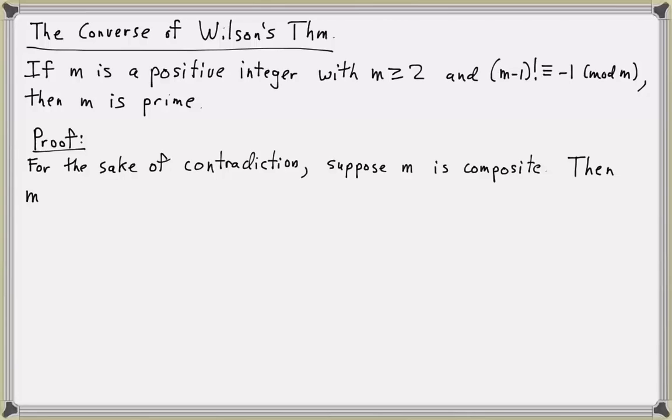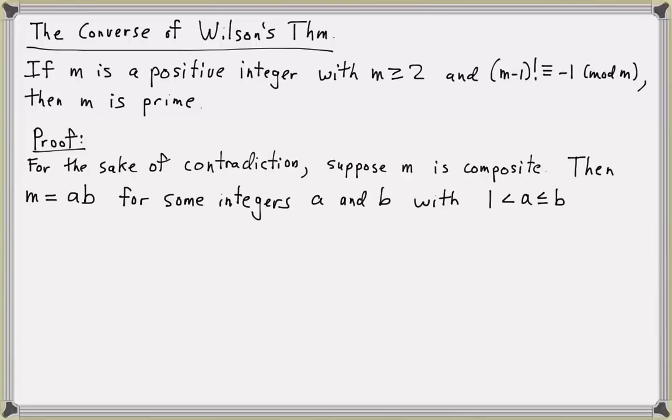So let's say m equals a times b where a and b are proper divisors, so they're not equal to 1 or m. So m equals a times b for some integers a and b that are between 1 and m. So let's say 1 is less than a, which might be less than or equal to b, and they're strictly less than m. So in other words, m has some proper divisors.